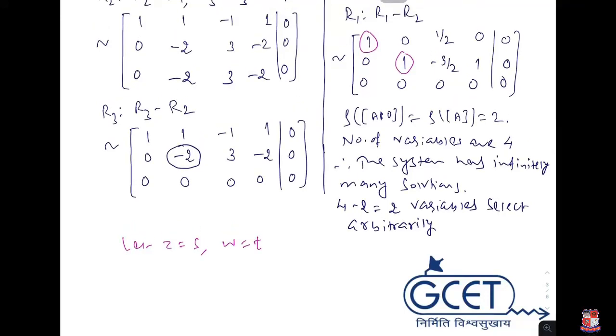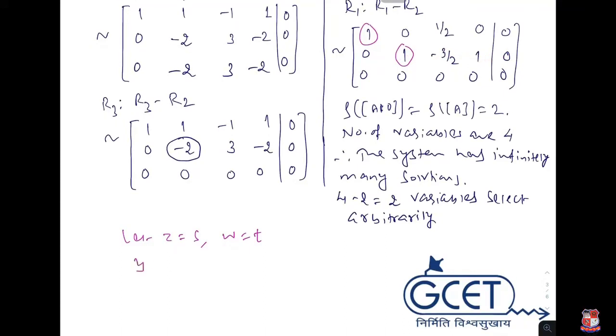Now from this one we are having y minus 3 by 2 z plus w equal to 0. So y equal to 3 by 2 s minus t.